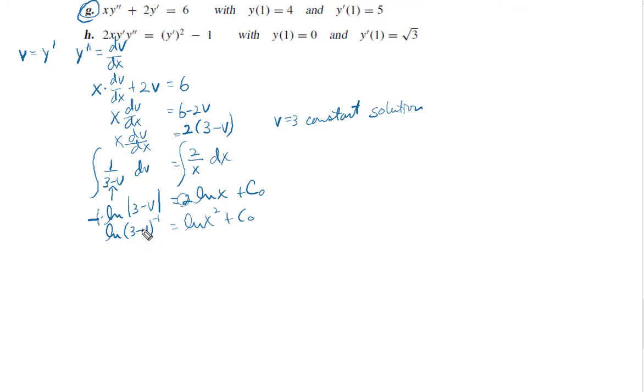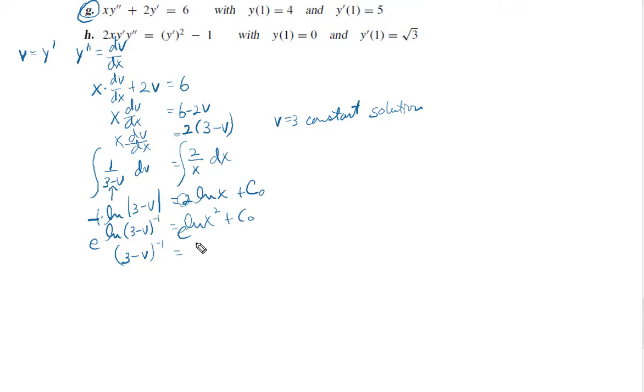We'll do the natural exponential of both sides, and this will come out to be 3 minus v to the negative 1. Now this is an e to the ln of x squared times an e to the c naught.